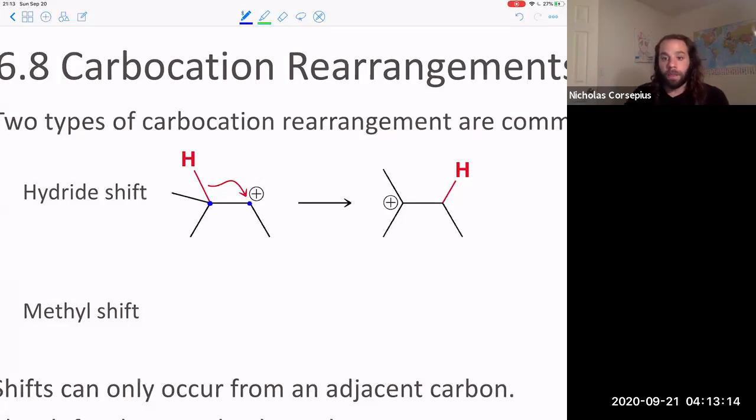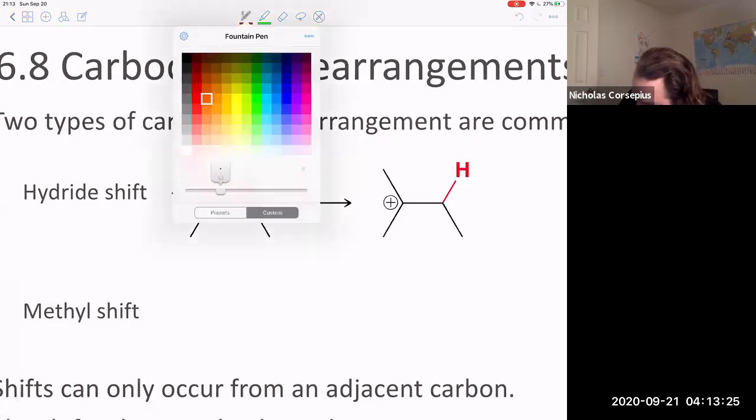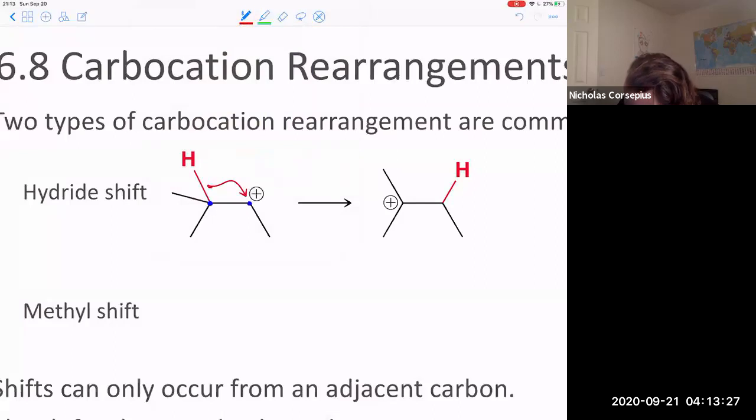Well, there's going to be a hydride shift, meaning the hydrogen from one carbon is going to jump to the other, which also means that the positive charge is going to switch places, right? So this hydrogen is taking its electrons that used to be in this carbon-hydrogen bond and now sharing them with this carbon. So that effectively has shifted the position of the hydrogen as well as changed the carbocation.